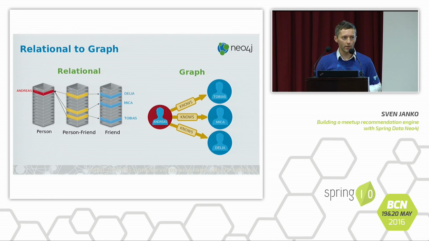And in a graph, this is much simpler because we do not need a separate node or a separate table. We just have our person here, and then we have all the connections to other entities which he is connected with. And when it comes to traversing that information in the model, this is when a graph database is very, very fast.